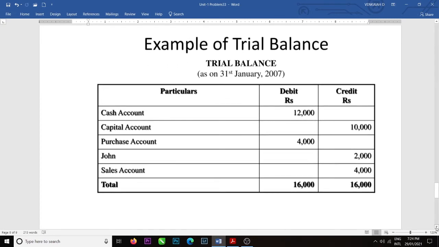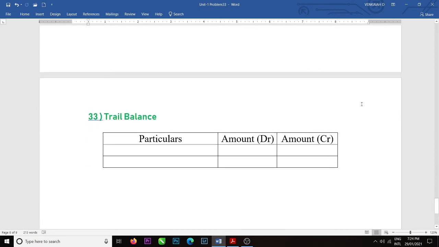Here you find the trial balance is tallied at 16,000. Cash is an asset, purchases are an asset, John is a credit or liability, sales are credit, and capital is also credit. The total debit of 16,000 is equal to the total credit of 16,000.